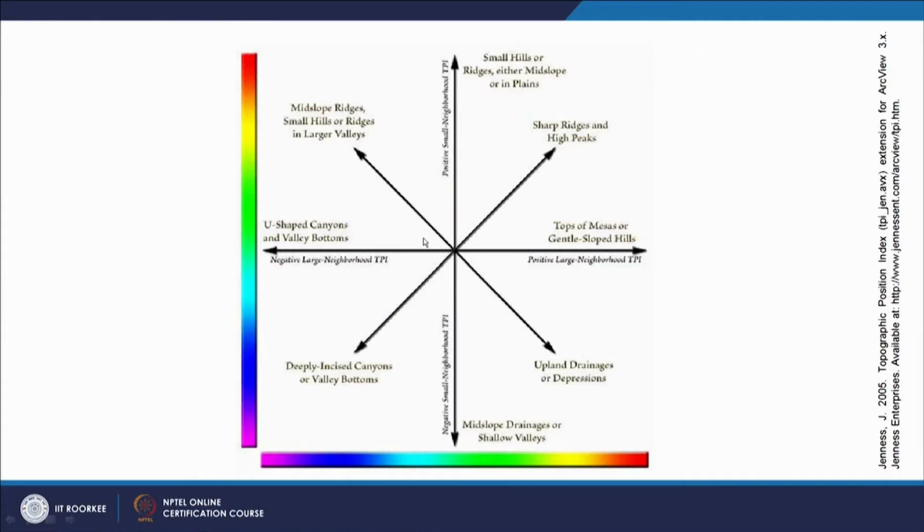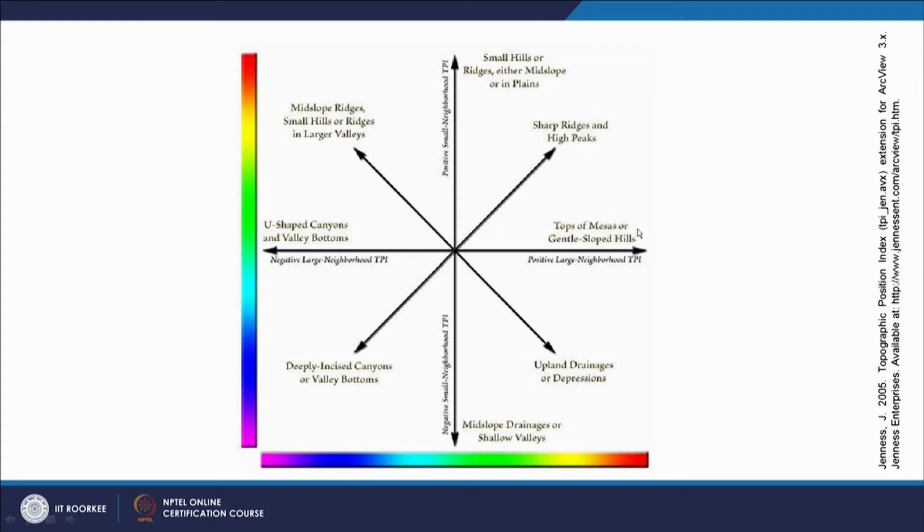Here is another way of representing how things are classified based on different TPIs. If we go to the right side, this is positive large neighborhood TPI. When the search area and scale are large and the TPI value is positive, the slope will be gentle and is classified as gentle sloped hills or tops of mesa.